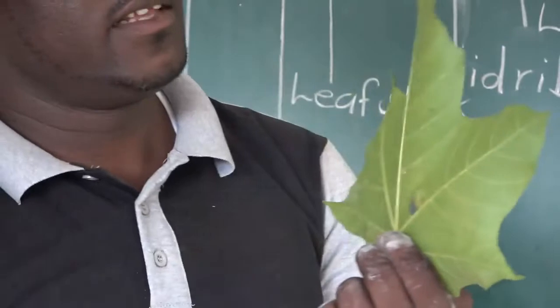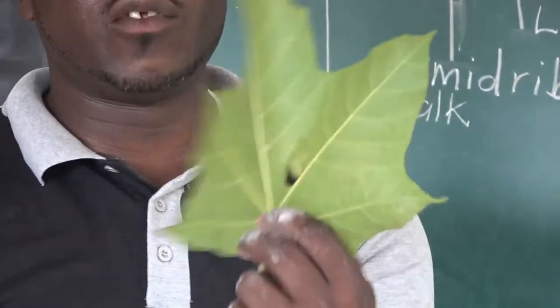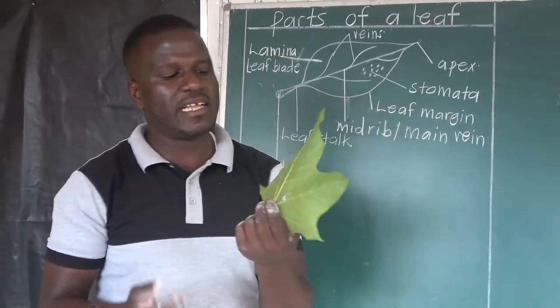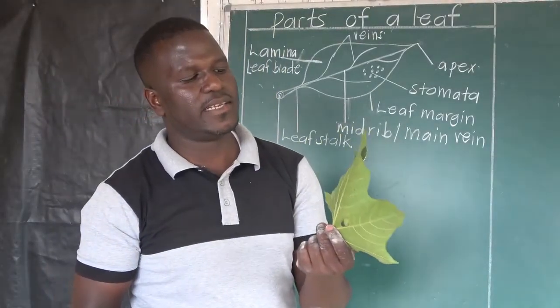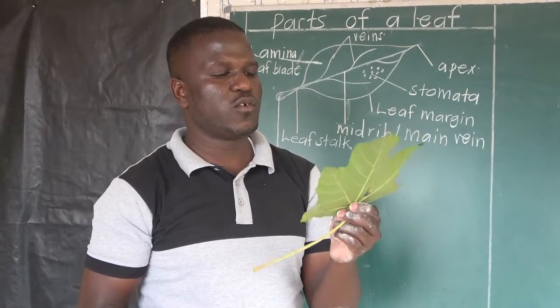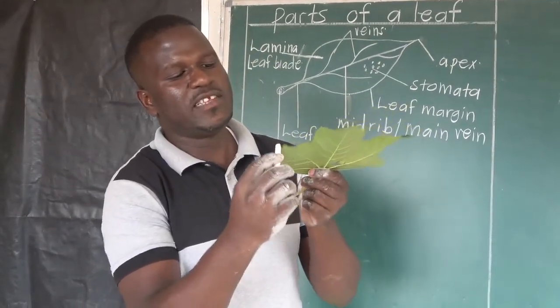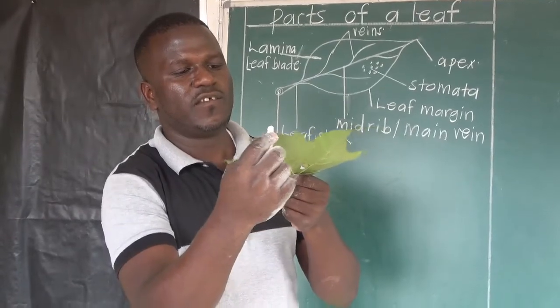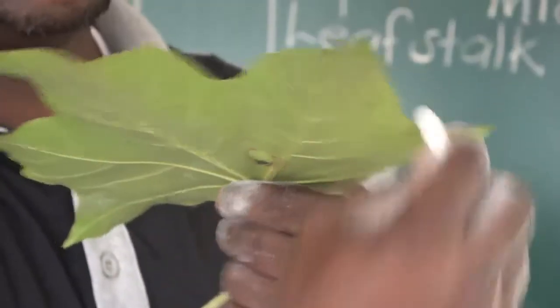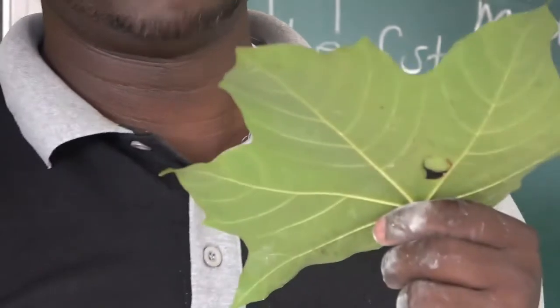These veins distribute water and mineral salts in a leaf. Then we have stomata. We cannot see stomata with our naked eyes. We need a microscope. Then we have leaf margin. The leaf margin are the edges of a leaf.